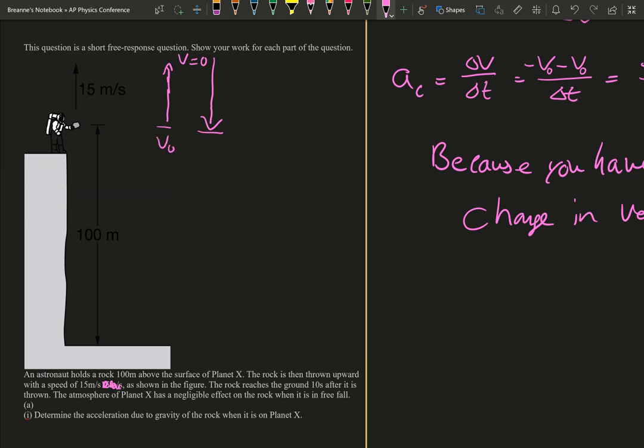So that's your initial velocity, that's your final velocity. Your final velocity will equal the negative version of your initial velocity. So if your initial velocity is 15 meters per second, your final velocity is going to be negative 15 meters per second.